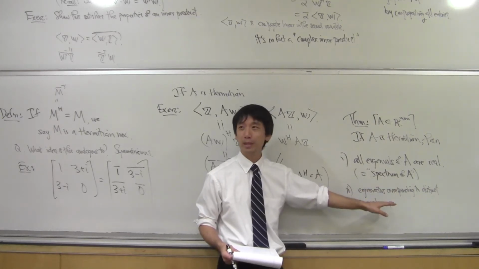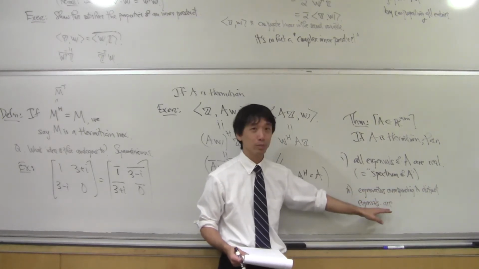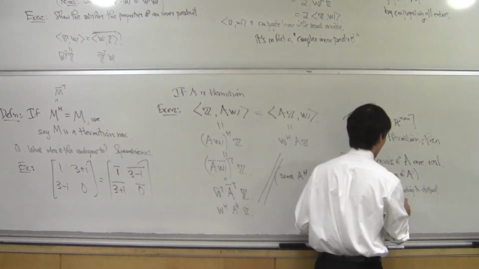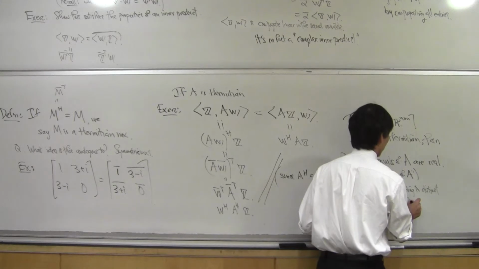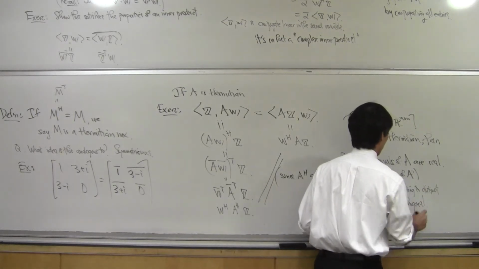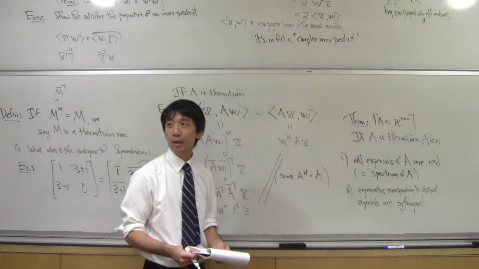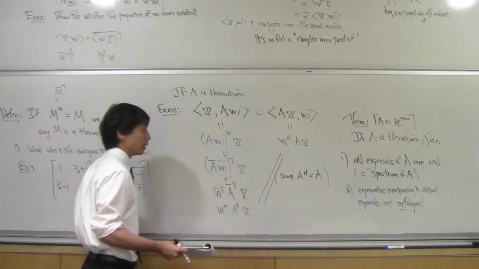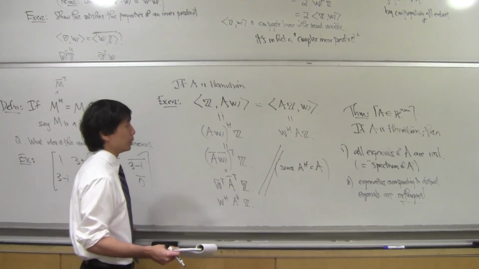That we know already. But if the matrix is Hermitian, it's in fact better: they are orthogonal. So something stronger happens if your matrix is Hermitian.